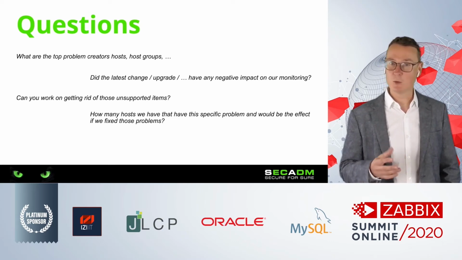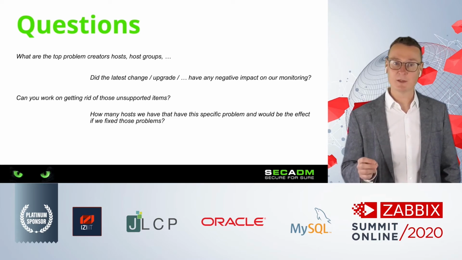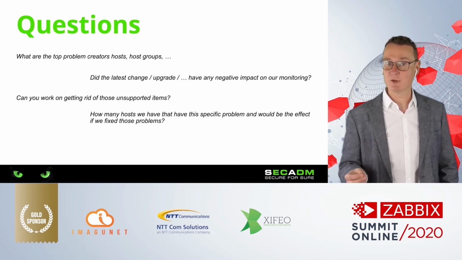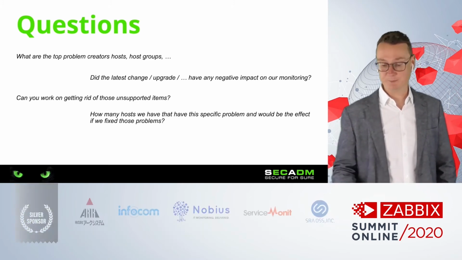So we often want to know, okay, this specific problem that I have with these symptoms, how many of these do I really have with exactly this problem, and what would be the effect if I could solve this.